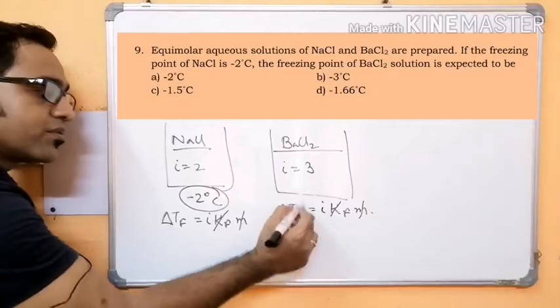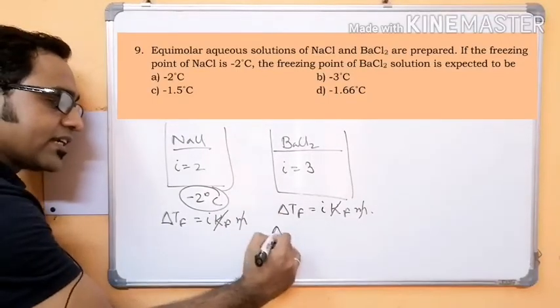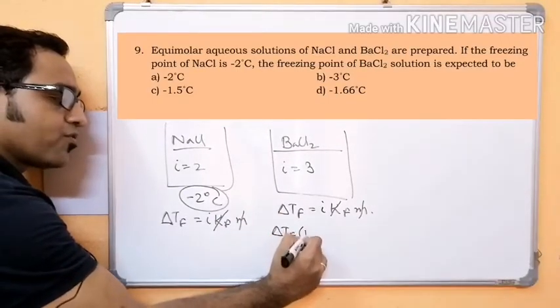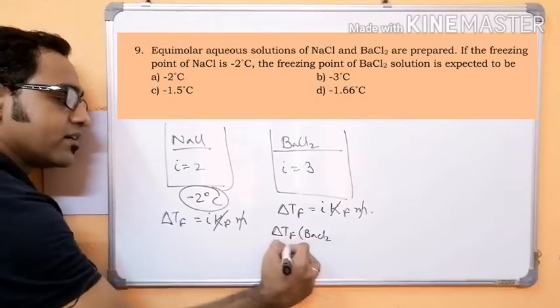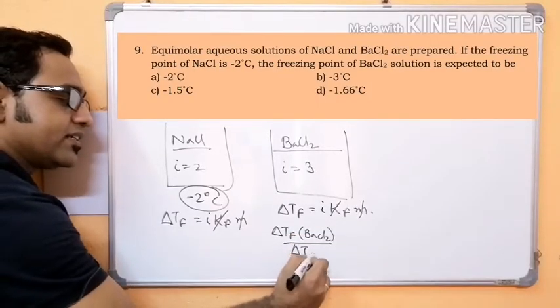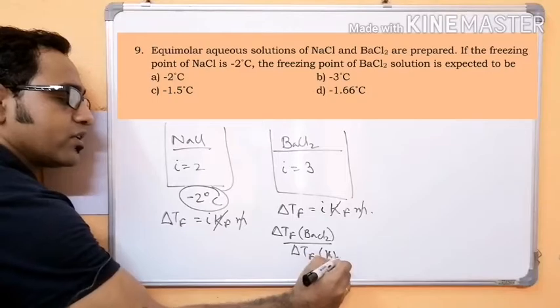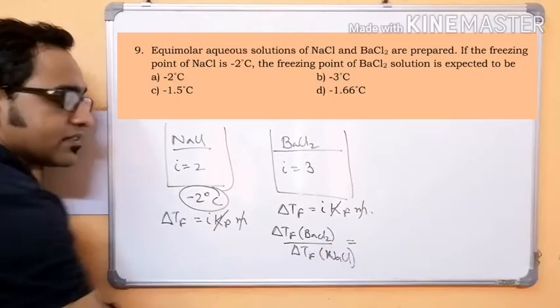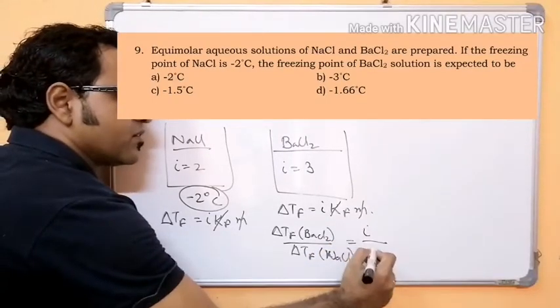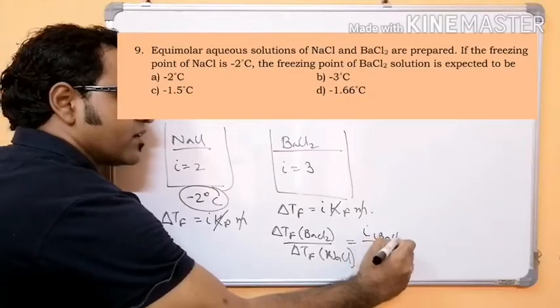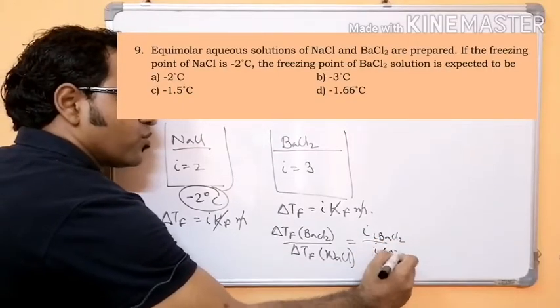So if you take the ratio, delta TF of barium chloride by delta TF of sodium chloride is equal to i of barium chloride by i of sodium chloride.